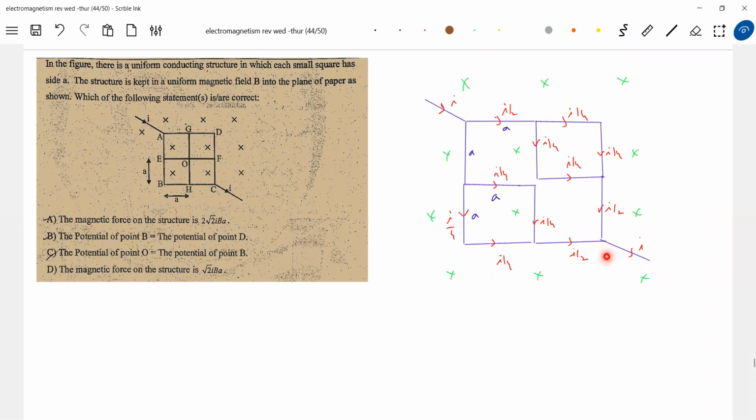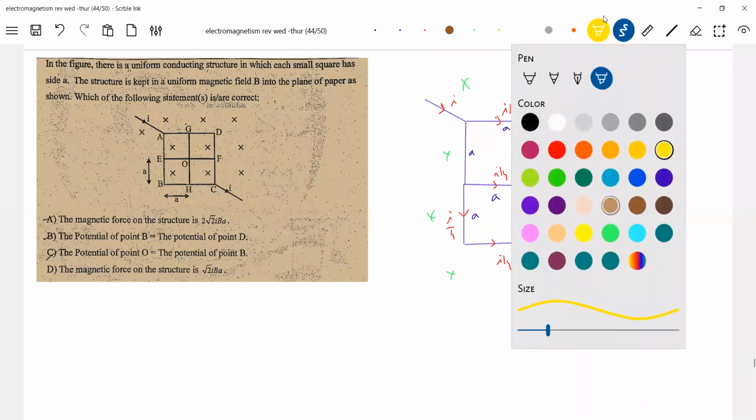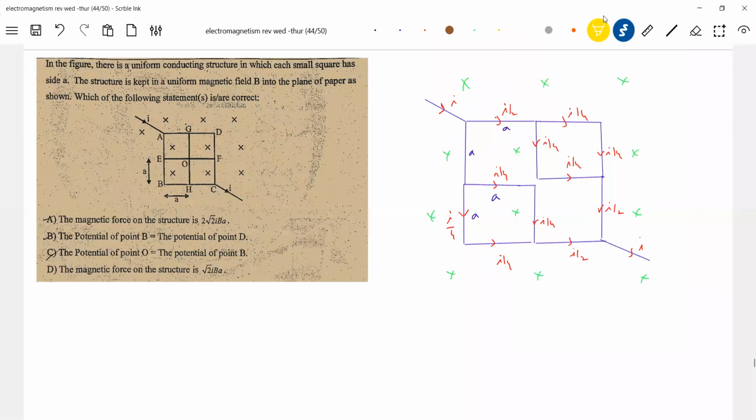What is the effective length of this? It will be root 2a, root 2a into B into I. But how much current is flowing here? I by 2. In this structure, how much is it? I by 2. Add up all of that. I think we should break this into something equivalent to 2 wires.